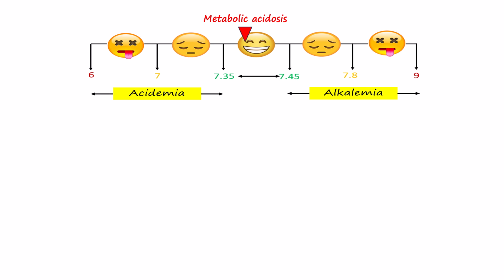Anyways, let's look at the electrolyte level that was provided in the case. We use these electrolytes to calculate the anion gap to further categorize metabolic acidosis into high or low anion gap metabolic acidosis. Some analyzers also provide the anion gap as a derived parameter in the ABG report itself. I'll not discuss in depth about the anion gap here, but this is how we do it.